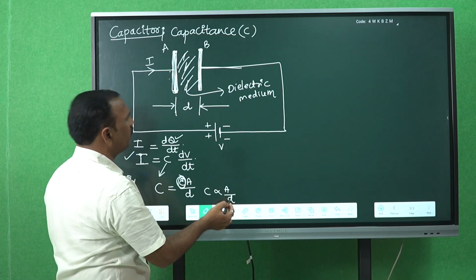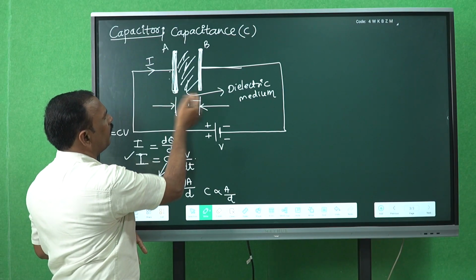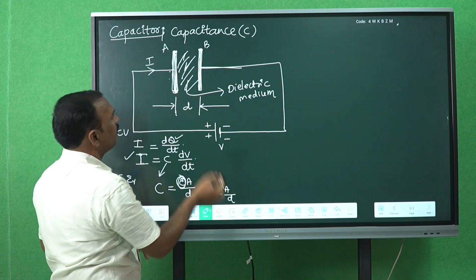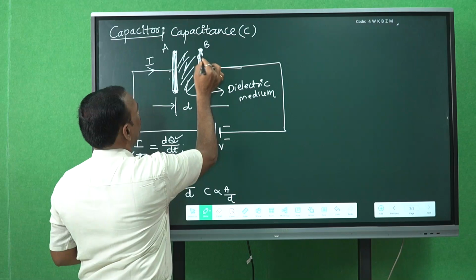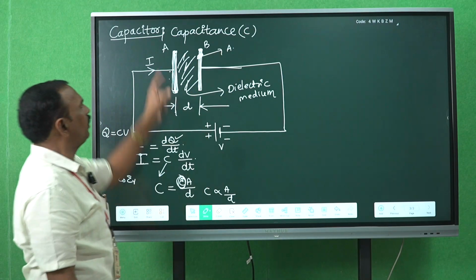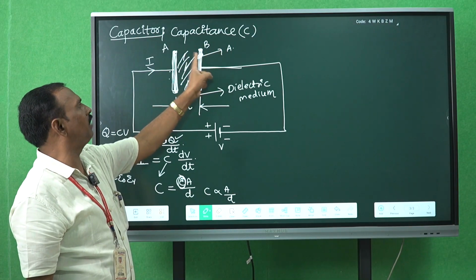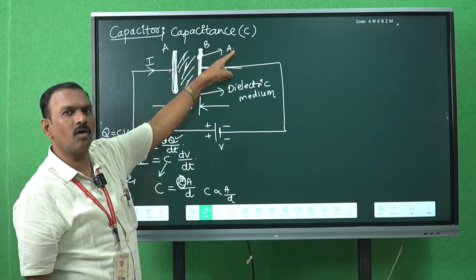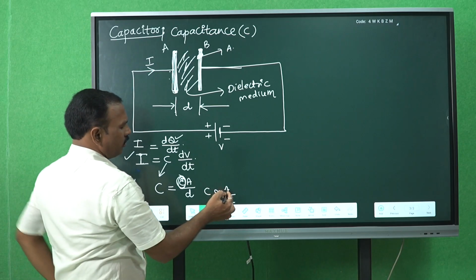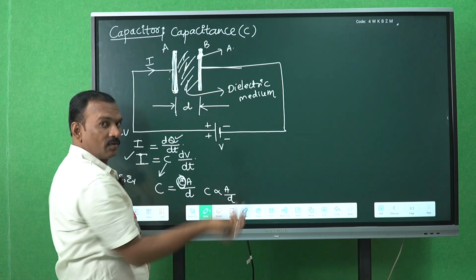What is A? What is D? D, as I already told you, is the distance between the two conducting electrodes. A means the cross-sectional area of the conducting electrodes. If the two plates have the same area, same material and same thickness, the area is constant. Otherwise, the area will differ.